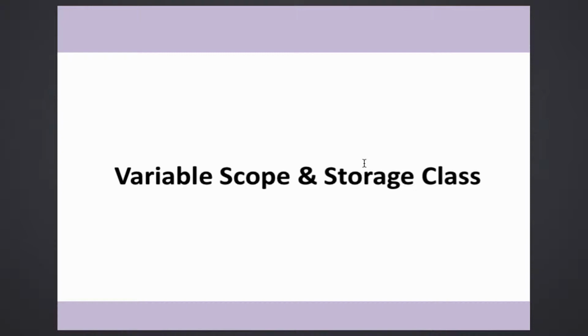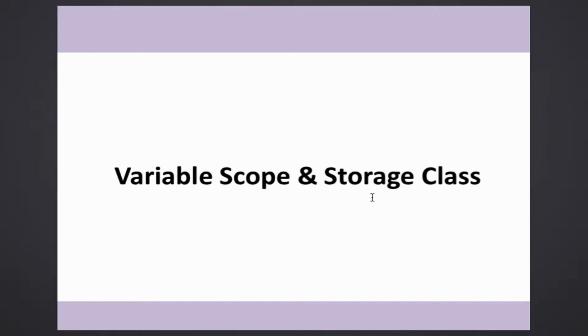Now, what I'm going to do is tell you one thing. A variable has its lifetime: where it gets born, where it can be seen in different parts of the program, and when it will die. We call it a scope. And what are storage classes? Storage classes are a little bit hard to explain, so it's better to use code to show you.